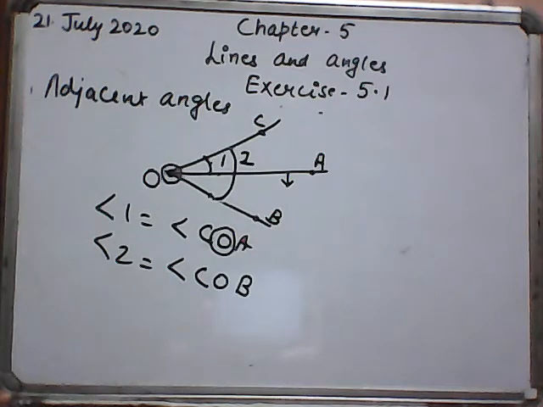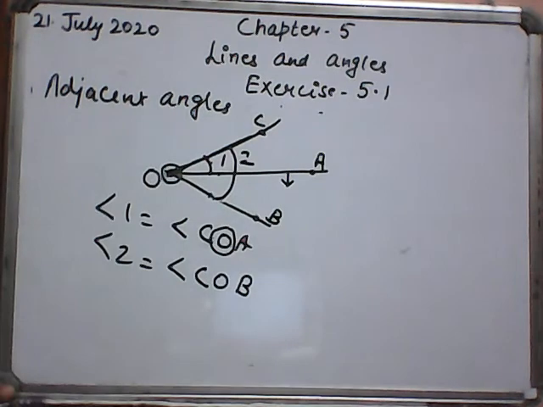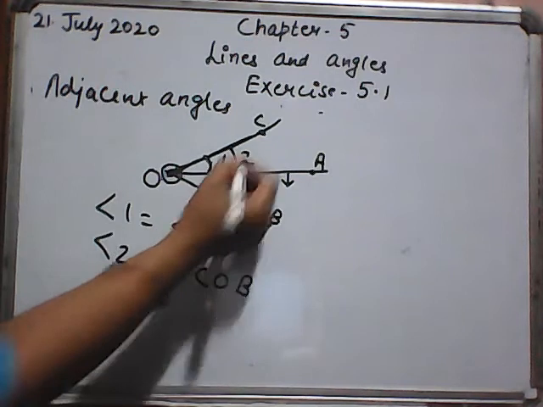These two angles have a common vertex O. These two angles have a common arm OC, but they don't have non-common arms on opposite sides. Then you can say these two angles are overlapping, angle 1 and angle 2.